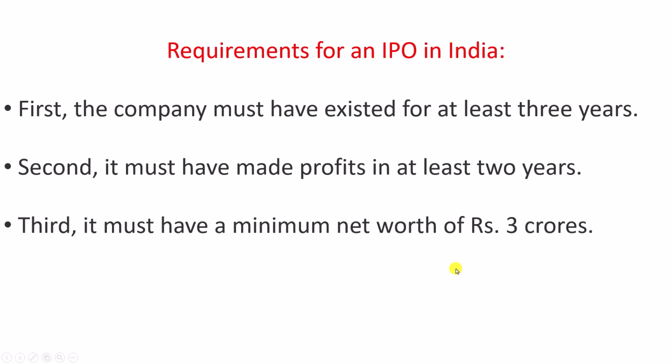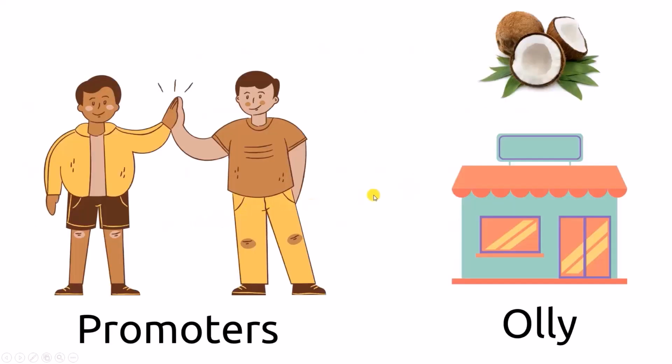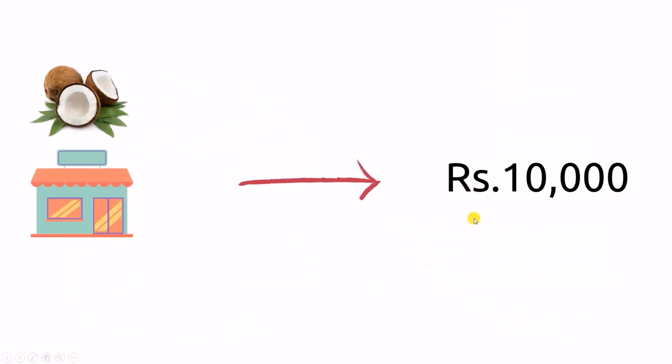So let me quickly recap the story. Two friends want to start an industry which manufactures coconut oils. The friends who start the company are the promoters of the company, and let us say the name of the company or the industry is oil. To start the company, they know that they need 10,000 rupees.